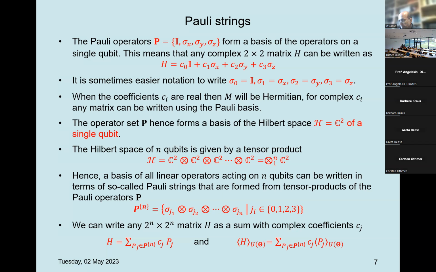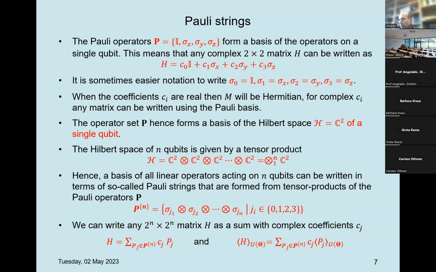But of course, the question then arises: how many such terms do you need if you have a larger system? Basically, if we now take n qubits, our Hilbert space is a tensor product of n such two-dimensional Hilbert spaces. Then we need to decompose the operator that we want to measure into products of Pauli operators.